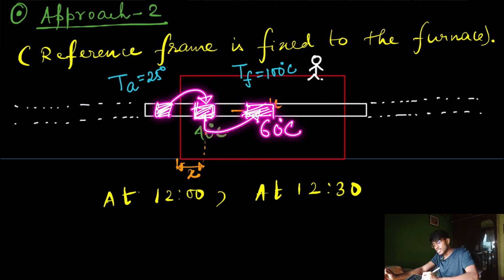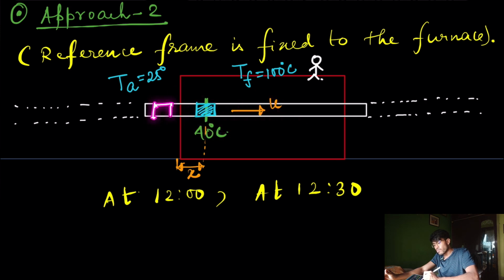But the moment this portion is leaving this space, another portion that is behind it will cover this place, and it will again be subjected to a 40 degrees Celsius temperature. So at any time point at this position, if I measure the temperature at this position, that will be 40 degrees Celsius.